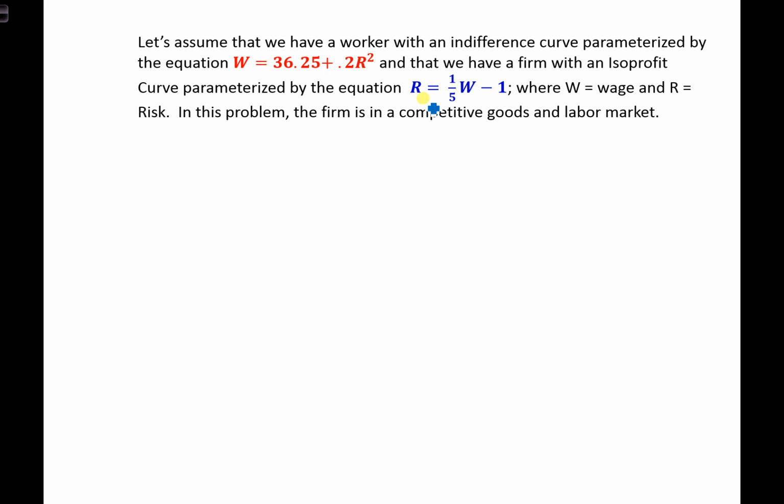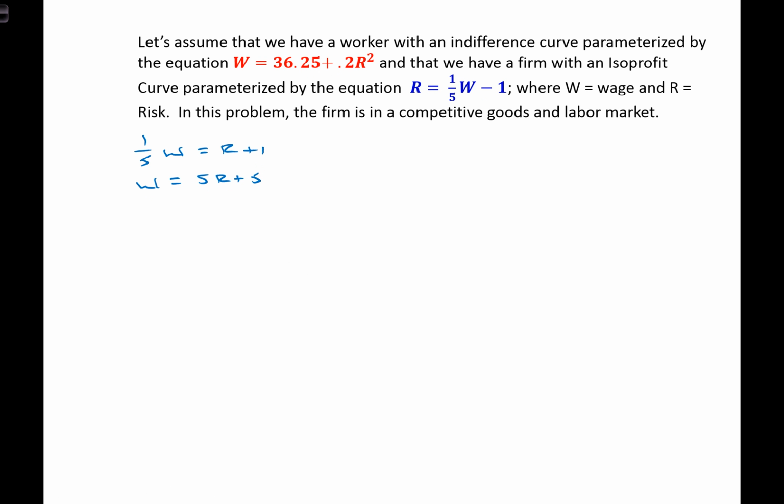I'm going to go ahead and rearrange R equals 1/5 W minus 1. So if that's true, then I can also say 1/5 W equals R plus 1, or W equals 5R plus 5.